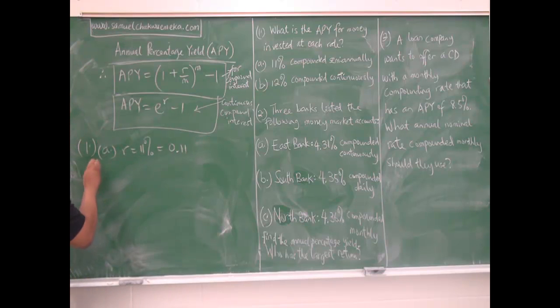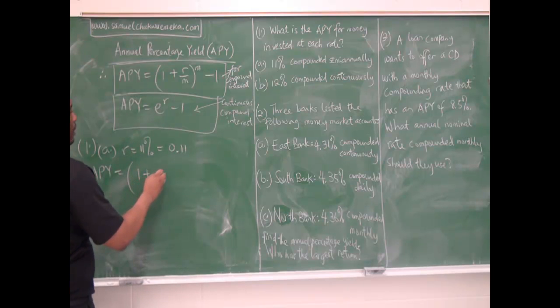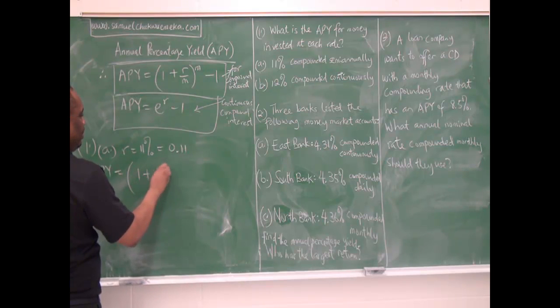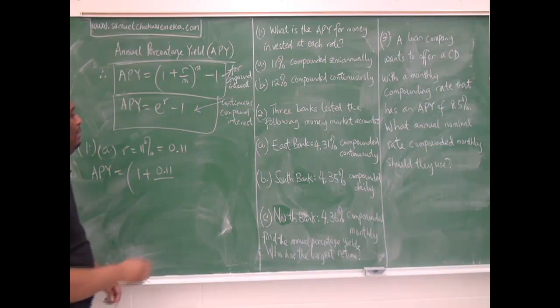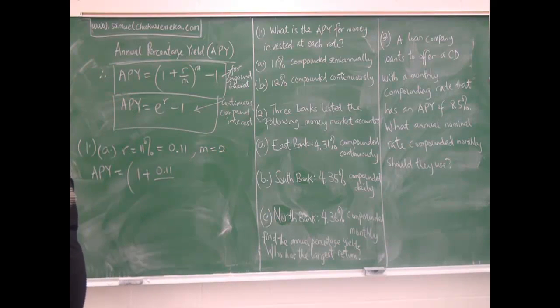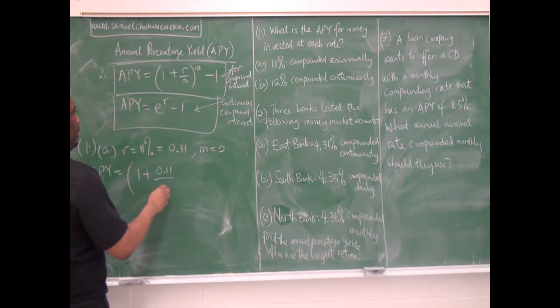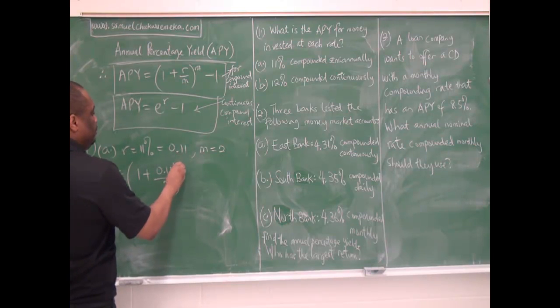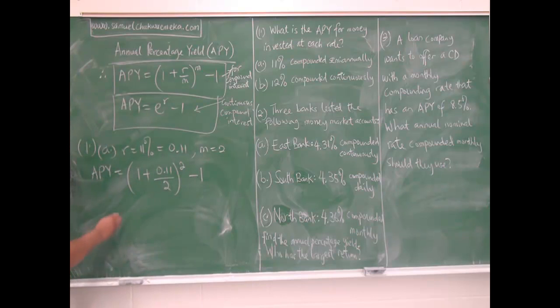So what is the APY now? The APY will be (1 + 0.11/2)^2 minus 1, since semi-annually means that M is compounded twice a year.